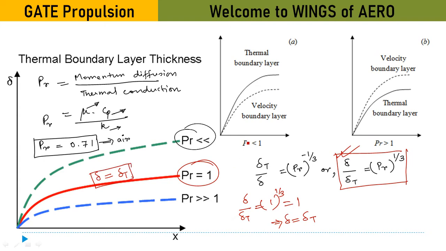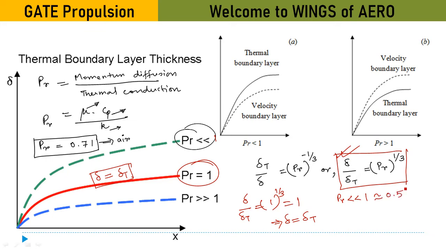Let's consider 0.5 as an example. Now what will be the relation between this laminar and the thermal boundary layer thickness?